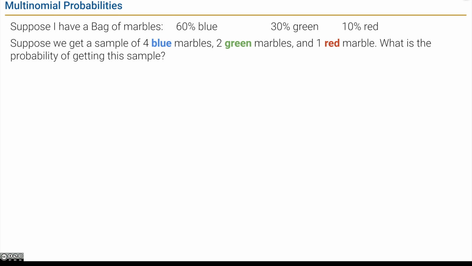So that with replacement really means that if I think of these as random variables, they're independent of one another. If I think of each of my draws as a random variable, then whether I get a blue on the first draw versus the second draw versus the third draw, those are all independent of one another. And they're all identically distributed based on this given distribution.